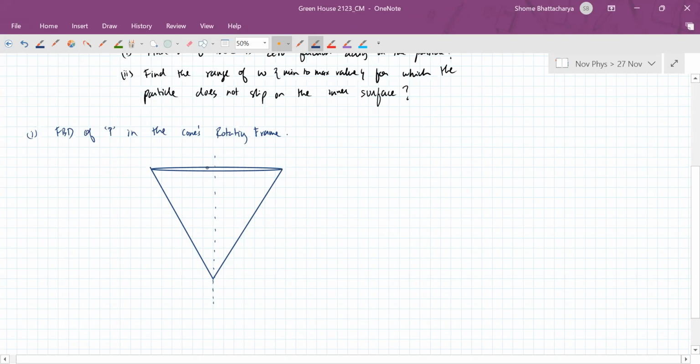Yes, sir. So we are in this rotating frame, and the particle is, let's say, over here. So the centrifugal force acting on it is like this, radially outwards.